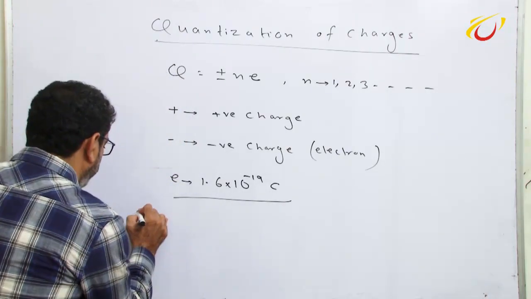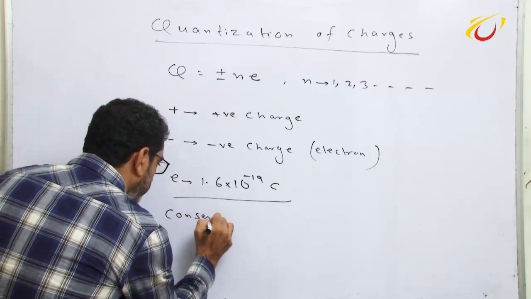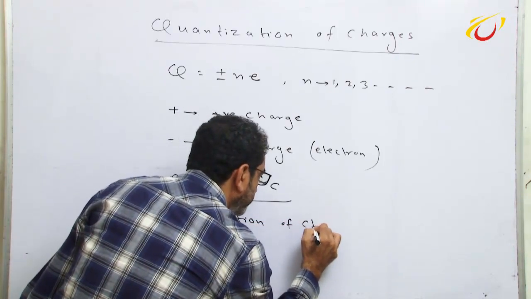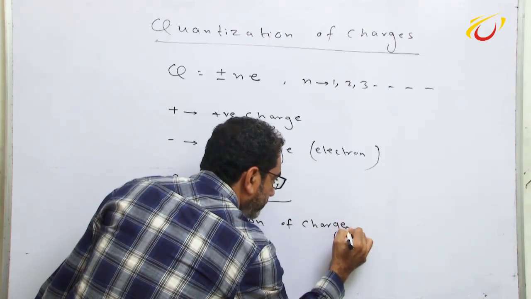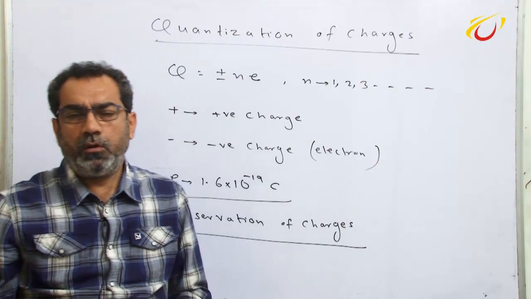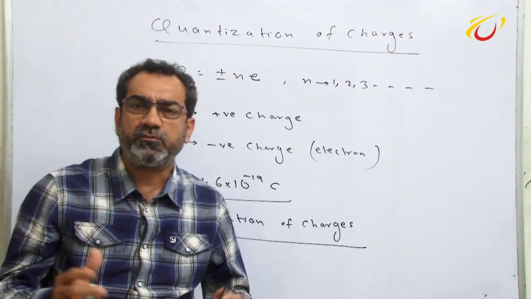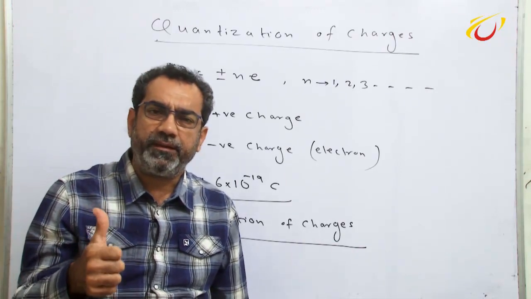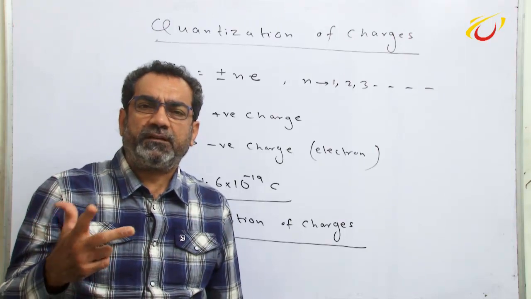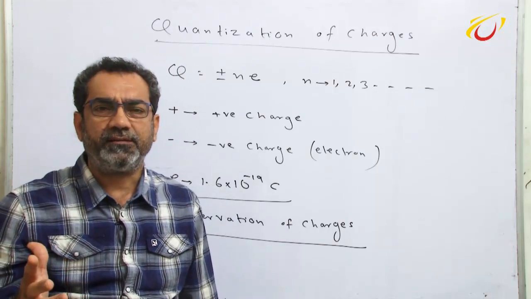Next is conservation of charges. Very similar to conservation of energy. In conservation of energy, since school level we are saying energy cannot be created, cannot be destroyed, can be transferred from one form into another form, and the total energy of the universe remains constant.